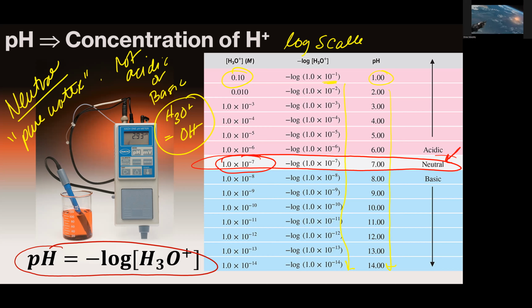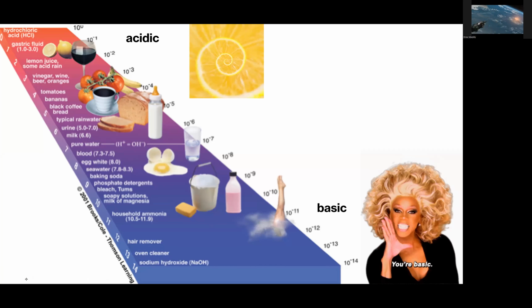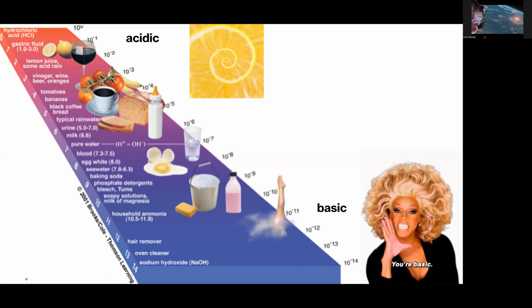If your pH is less than 7, then your solution is acidic. I don't know why my pen's doing weird things. If your pH is greater than 7, your solution is basic. We want to get a feel for what the pH scale is telling us. A pH of 0 is roughly hydrochloric acid. Your stomach is very acidic, pH of 1.